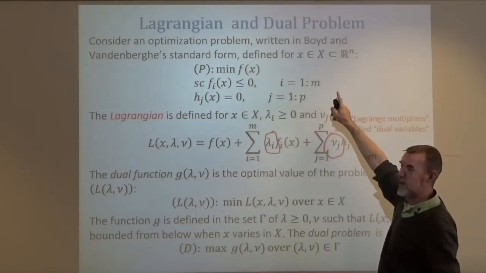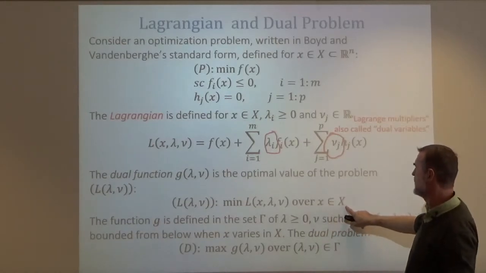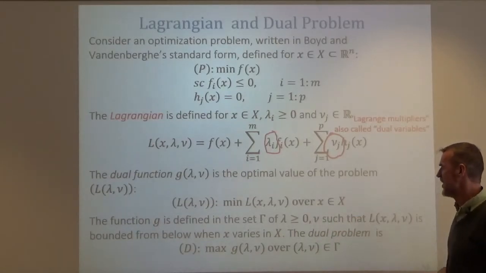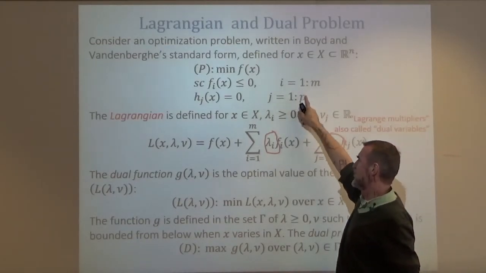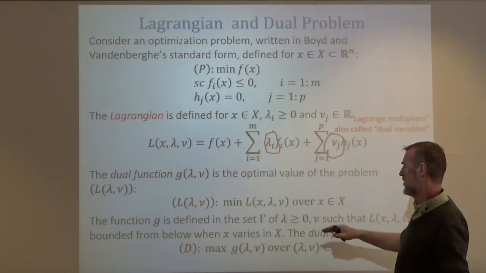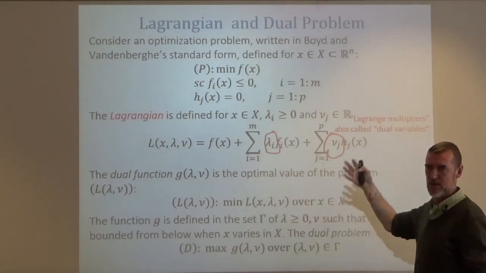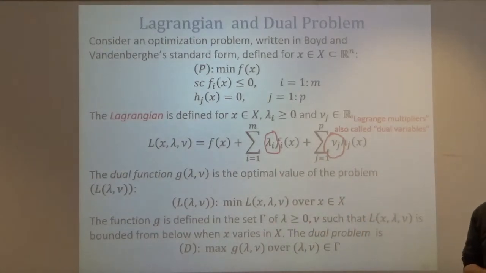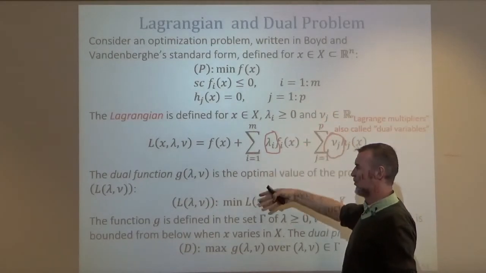In general, I keep the same x everywhere. So I put the constraints in x here, I remove those explicit constraints, and I obtain a problem. For every value of lambda and nu, I have obtained a problem. And so that's the main trick of duality. We have replaced a problem with constraints by a problem without constraint.